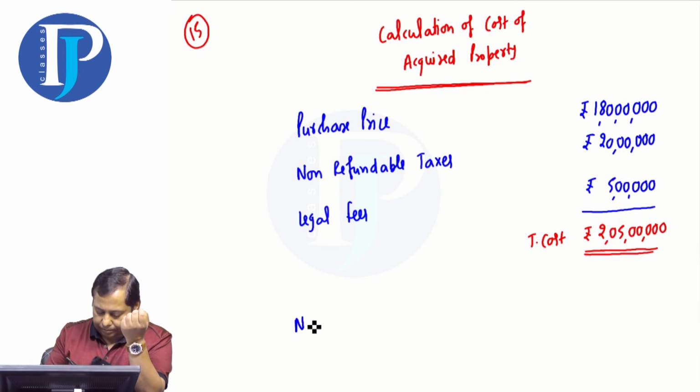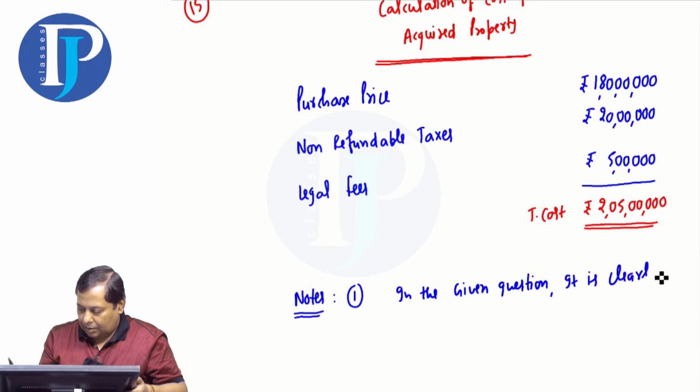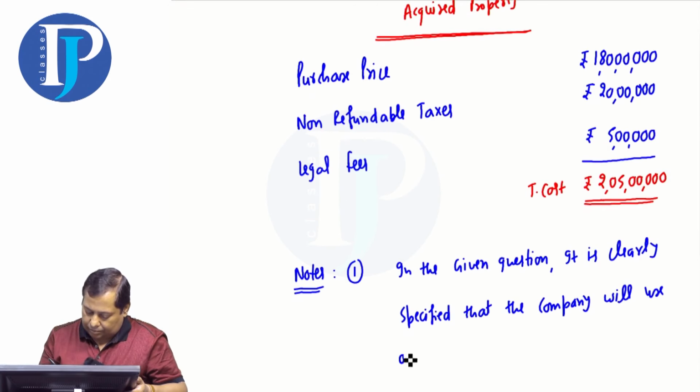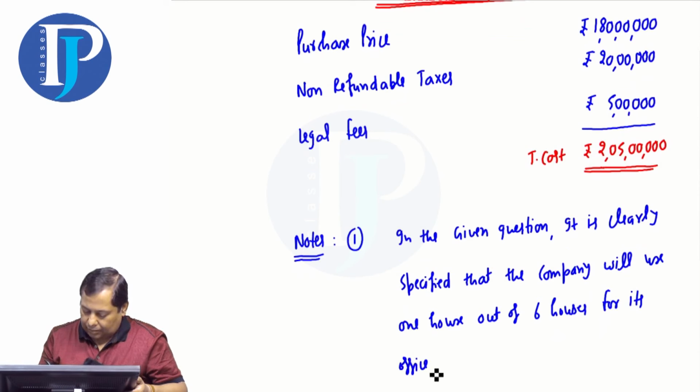We will write notes here. First note, in the given question, it is clearly specified that the company will use one house out of 6 houses for its office purposes and its staff.